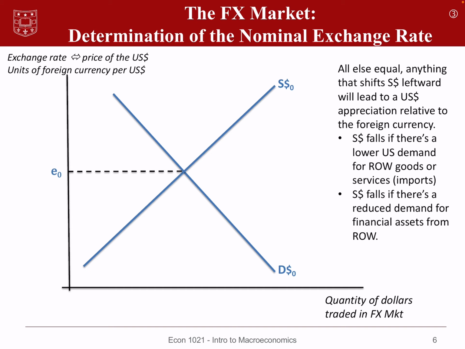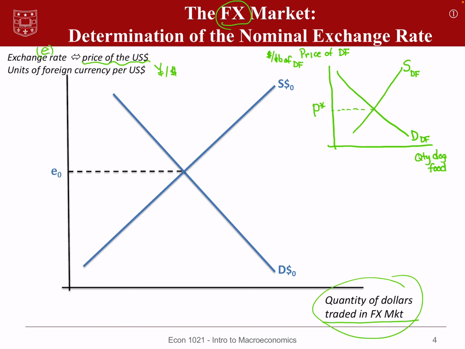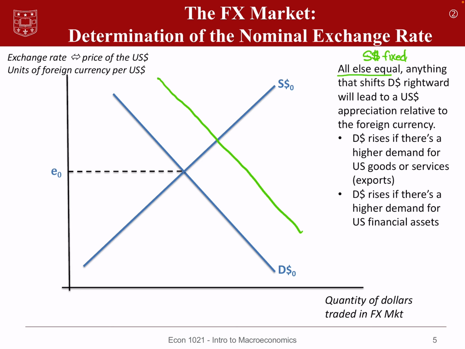So what would be our picture? It's just like the stuff that we did in the first part of the semester. If the demand for dollars shifts from D0 to D1, then what do we observe? We observe that the initial equilibrium exchange rate can't be the equilibrium exchange rate any longer because there is a shortage of dollars. That shortage is going to put upward pressure on the price.